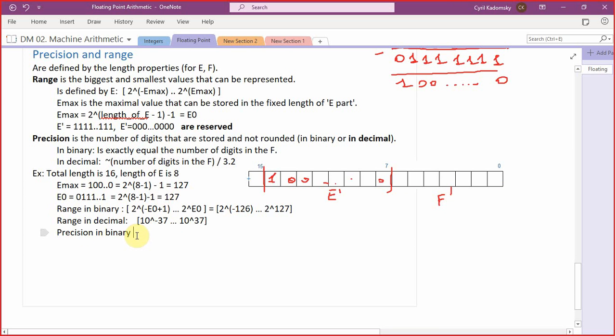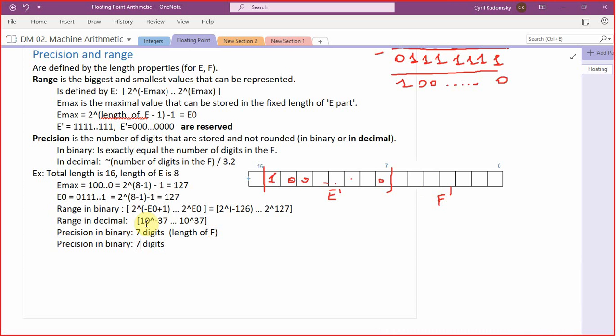Precision in binary is what? 7 digits. So no matter how big or small my number becomes, only the first 7 digits are trustworthy. Okay. And what about decimal? Precision in decimal, where we have taken these 7 digits, the length of the fraction.